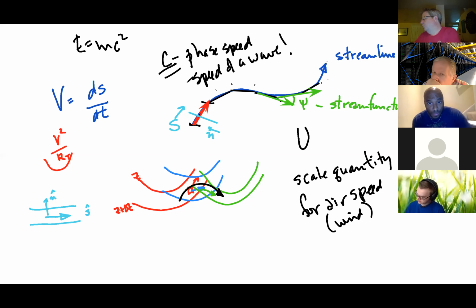Okay. So what we want to do is look at table 7.1, because this is where things really go on. The first one is shear.